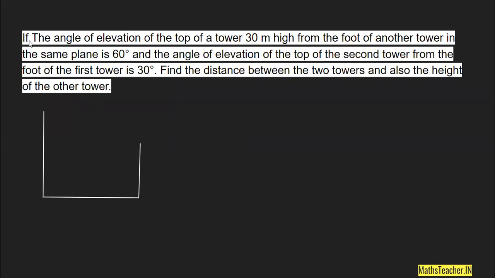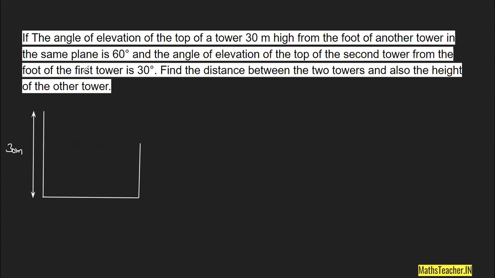If you read the question one more time, if the angle of elevation of the top of the tower 30-meter high from the foot. So basically, what is given is that the height of this first tower is actually 30-meter. Let me properly mark it. This is actually 30-meter.